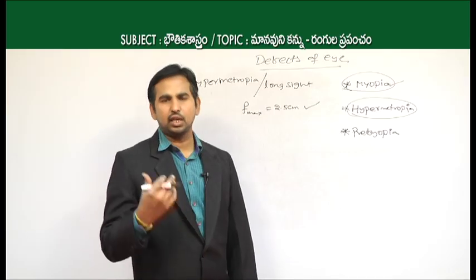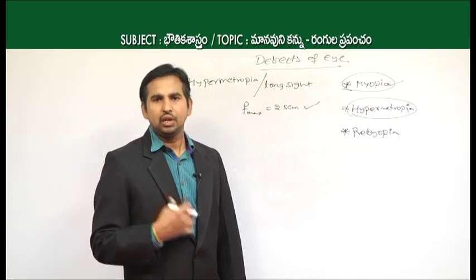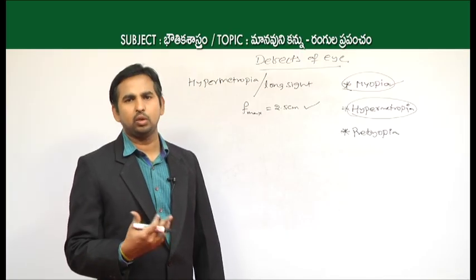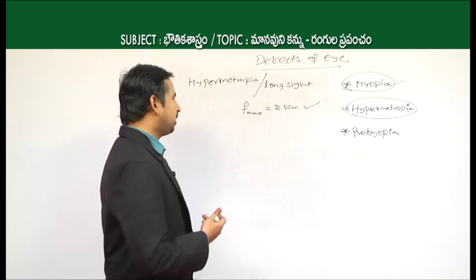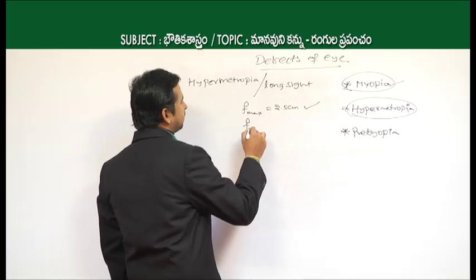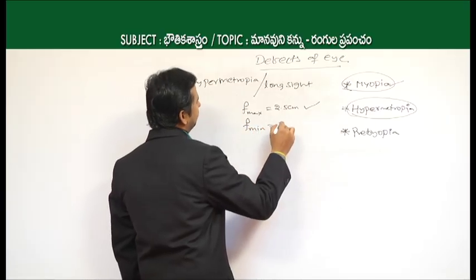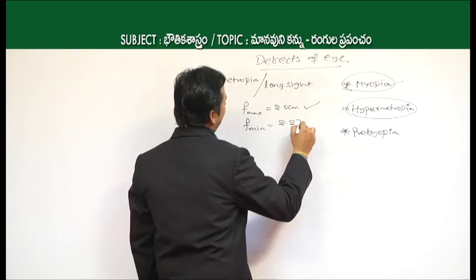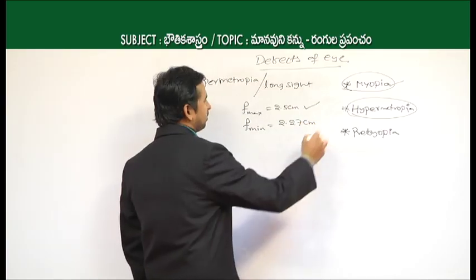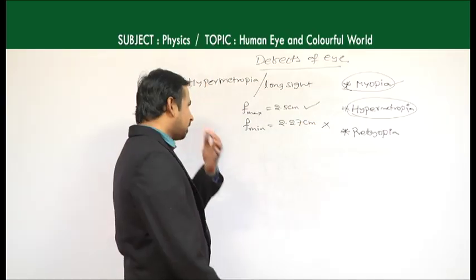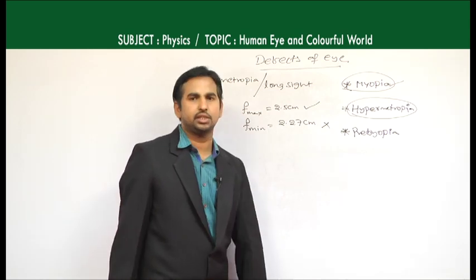When you are seeing any of the near distant objects, we cannot see a clear image, only a blurred image. That is because the ciliary muscles are not able to adjust the eye lens to 2.27 centimeters.